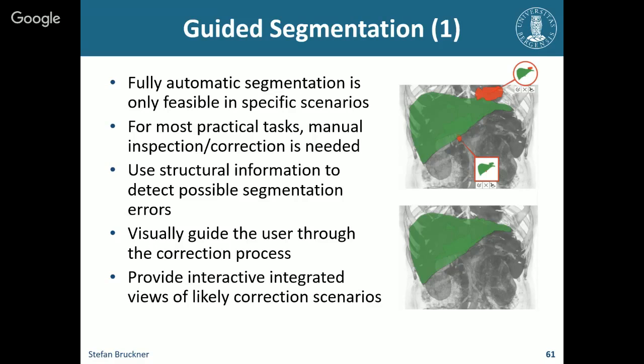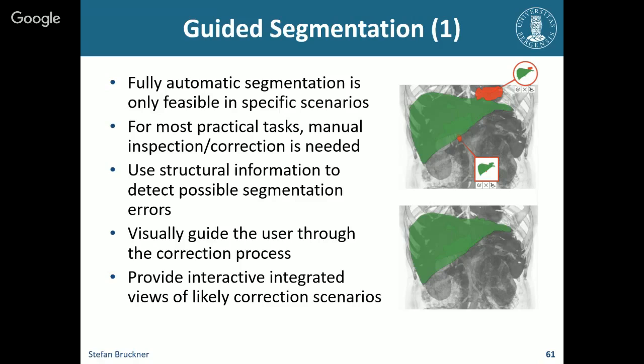So here we can also incorporate structural information to allow the user to more easily correct segmentation errors, which is usually done simply by manually correcting contours in the segmented images. And the information that we use here is actually information provided by an automatic algorithm.